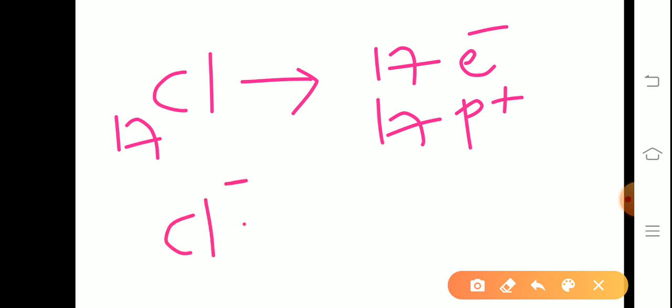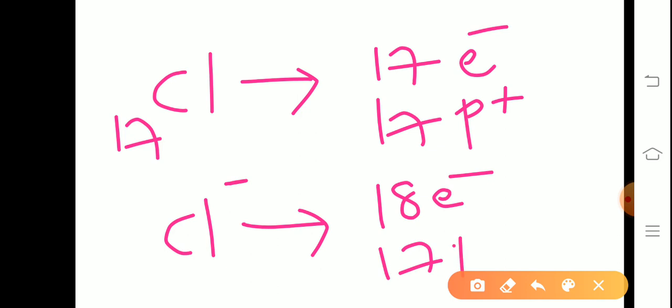Chloride ion, after getting one electron, becomes 18 electrons and 17 protons. Now say, which one has the bigger size? 18 plus 17, right? 35. Here 17 plus 17, 34. That's why in anions, the chloride ion has a bigger size than the chlorine atom.